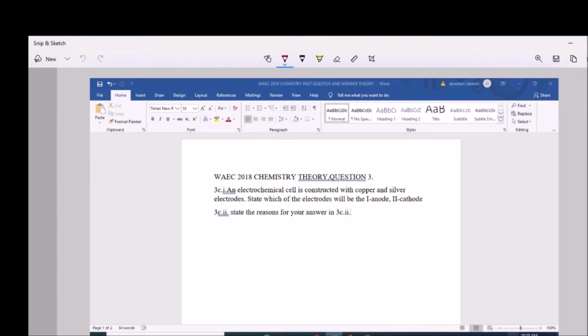Now to the answers. We are asked which of the copper or silver electrodes will be at the anode or the cathode. As for the anode, we will have the copper electrode at the anode. Then in figure 2, we have the silver electrode at the cathode. Then we have to state the reasons for our answers.